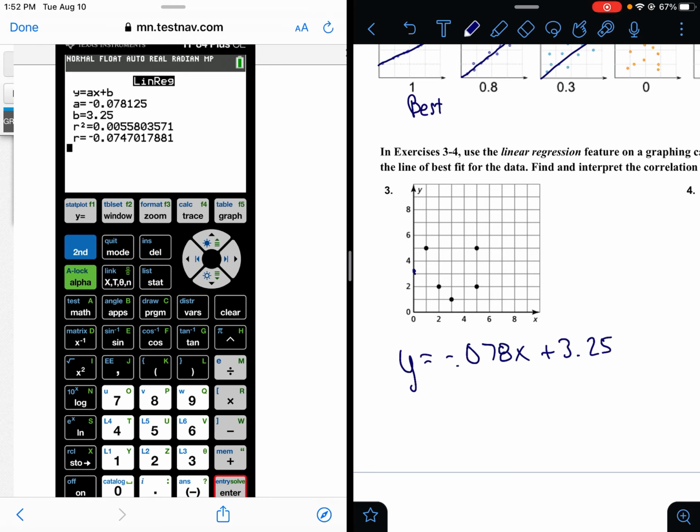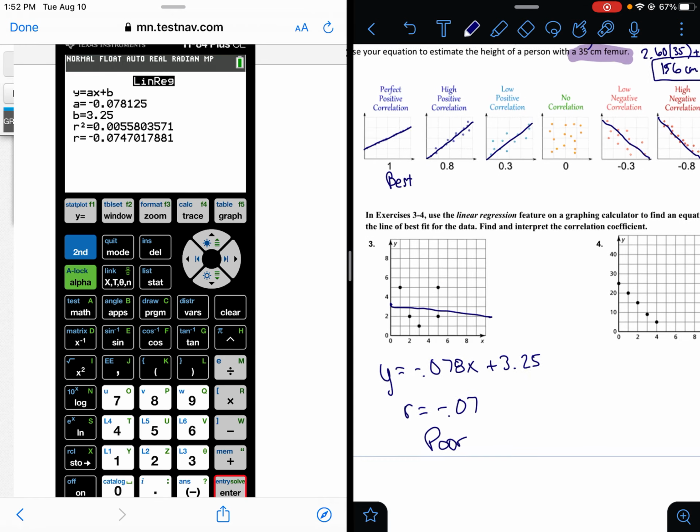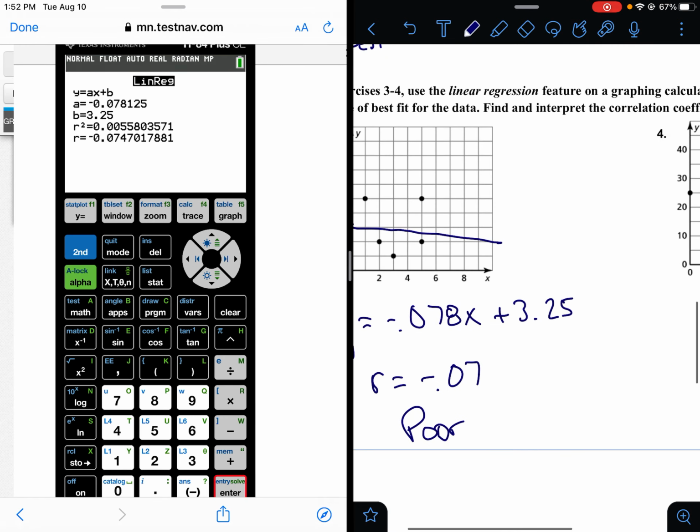So it looks like something like this. The correlation coefficient is negative 0.07. That's really close to 0. Remember, the closer to 1 or negative 1, the better. That's really bad. So this would be poor. You could use the language they use up here, which is, I would say, no correlation to low negative correlation. This is definitely poor correlation.